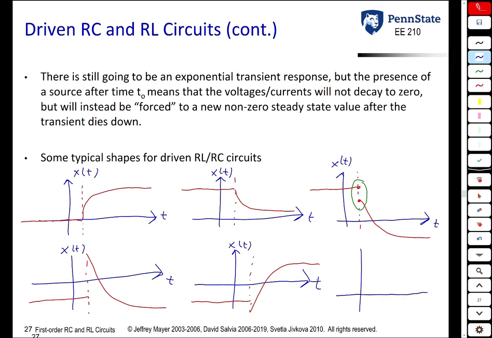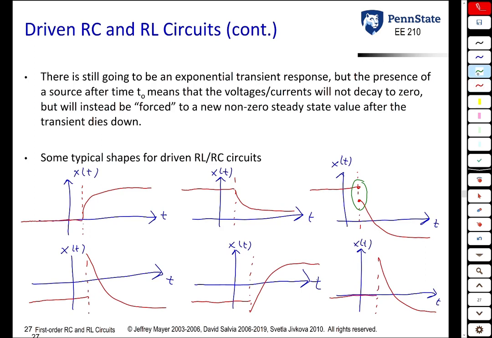And you could certainly have a situation where maybe you start off at 0. It jumps to some positive value and then exponentially approaches some new negative value. So these are just some of the many different shapes that you could have.